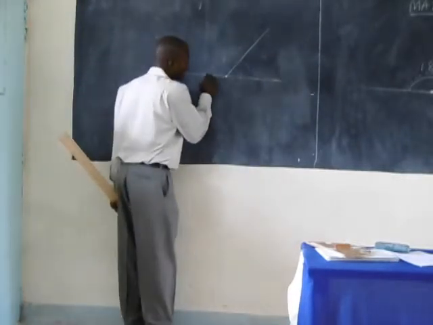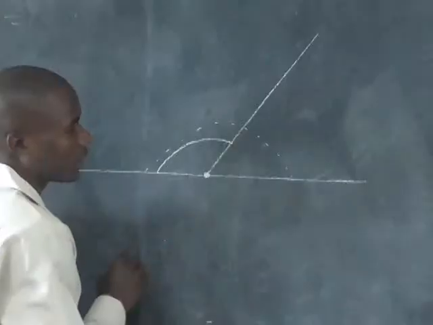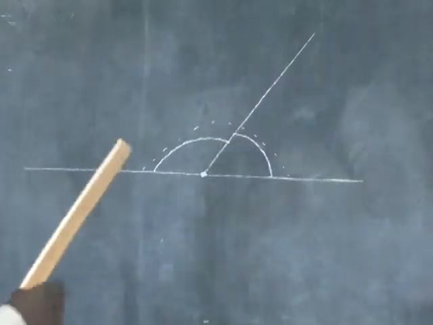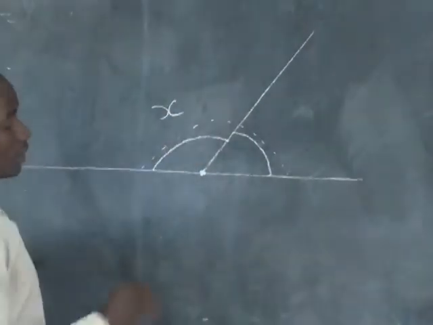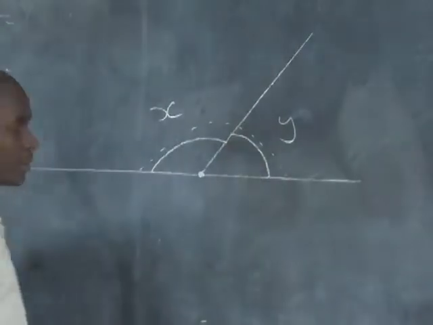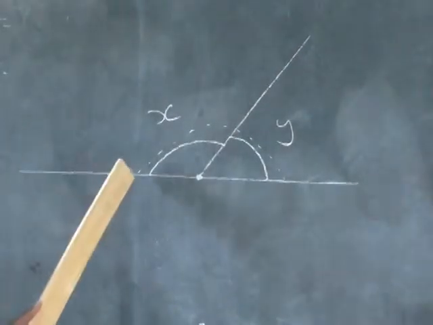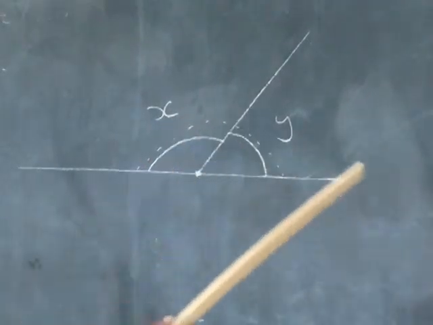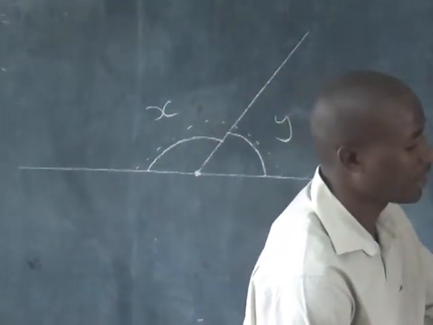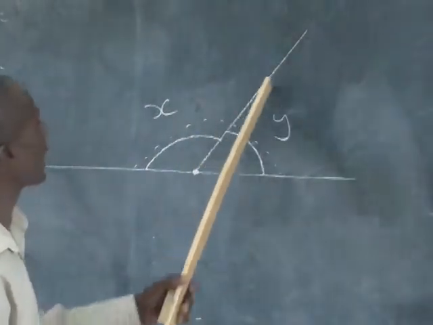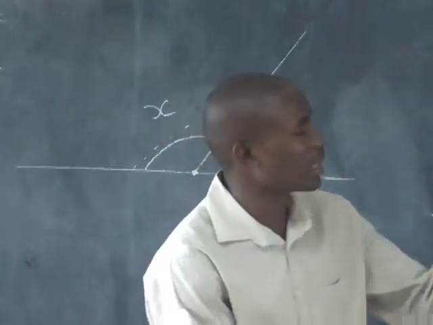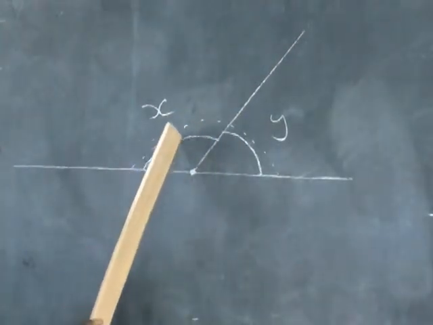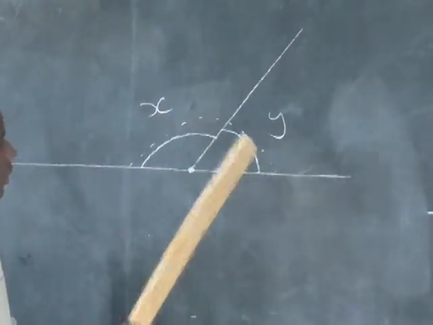Now, being that we have this one here and we have this one here, this is an angle X, this is an angle Y. But in mind, you have to know that the dotted line is an imaginary line that gives us 180 degrees. But now we have the real line here, which divides this angle X and this angle Y.